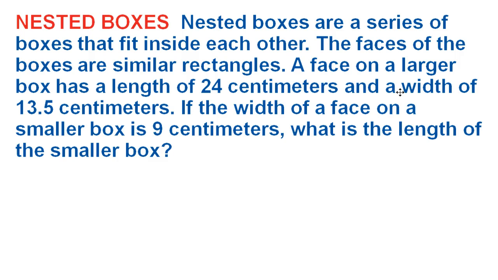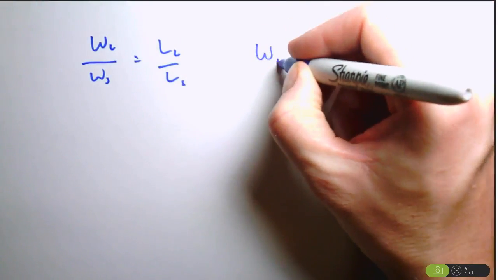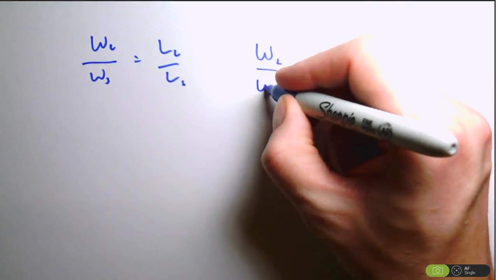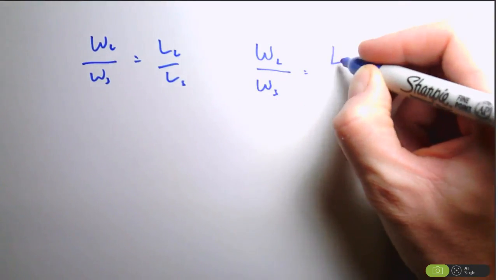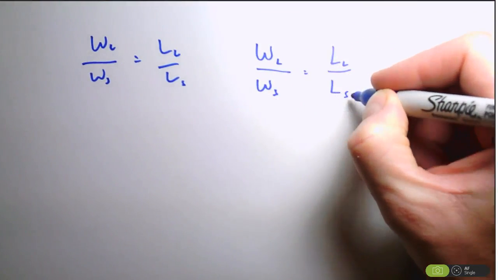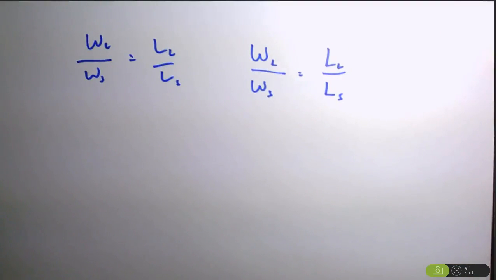So I know I'm going to have to jump off screen here for you to take a look at this. But here we go. So that's sloppy. I'm going to do this bigger. So width of the larger to width of the smaller equals length of the larger to length of the smaller. So those are what you've got for your lengths, your sizes. So let's see, width.